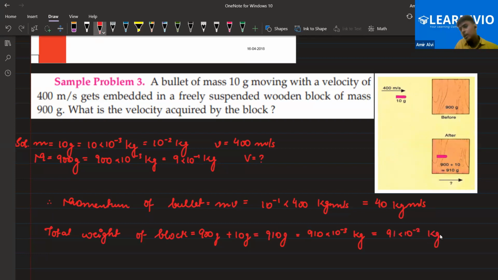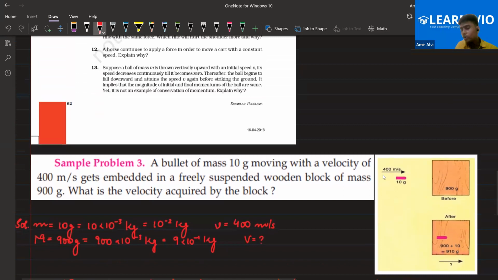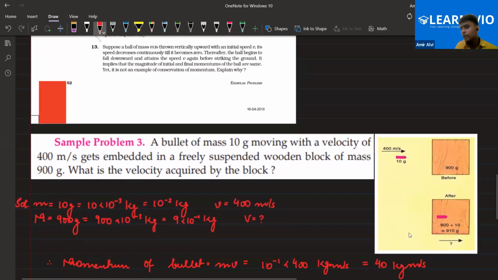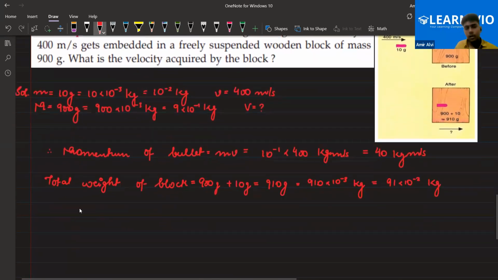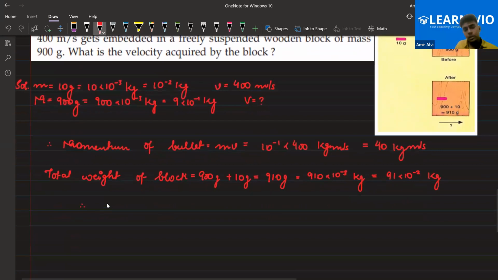So this is the momentum before the collision and this is the momentum after the collision, right? According to the law of conservation, initial momentum is equal to final momentum, yes or no? Yes, sir.